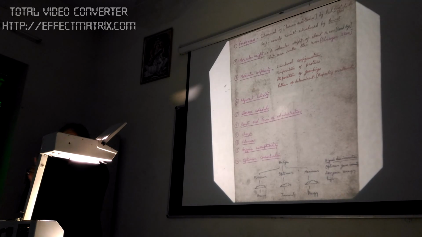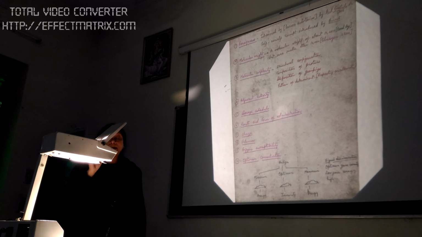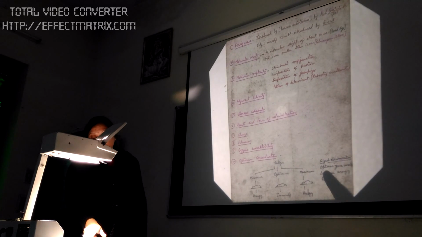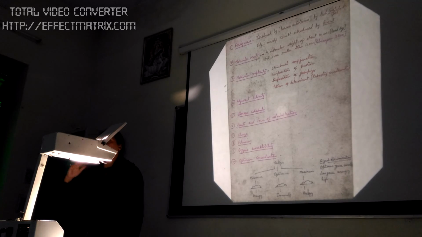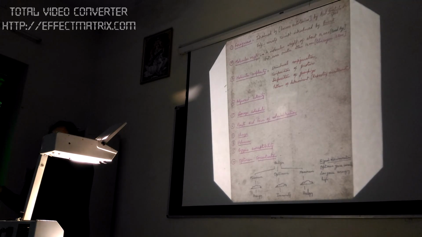So this phenomenon is known as signal discrimination. That means optimum gives immunity, while low and high lead to unresponsiveness or an allergic state in the individual or in the organism. Okay, got it?